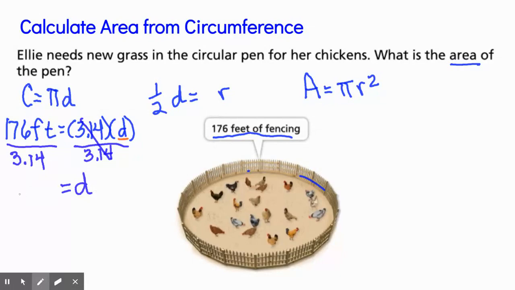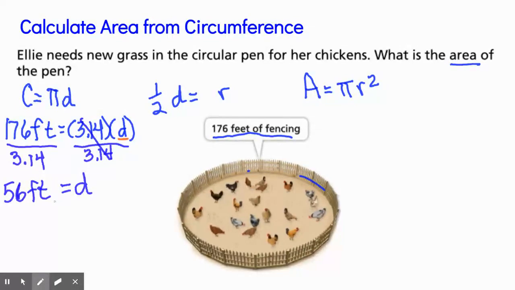Now I get 56.0509. Well, let's go ahead and limit it to the hundredths. So I'm just going to use 56.05. Actually, in this case, let's round it to the nearest whole number. 56 feet.